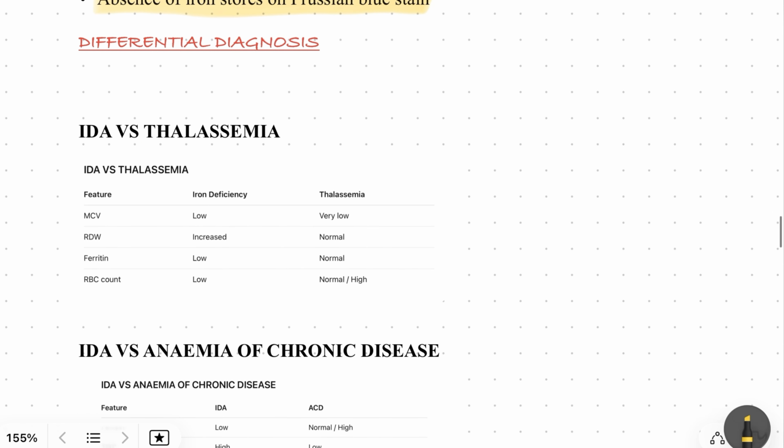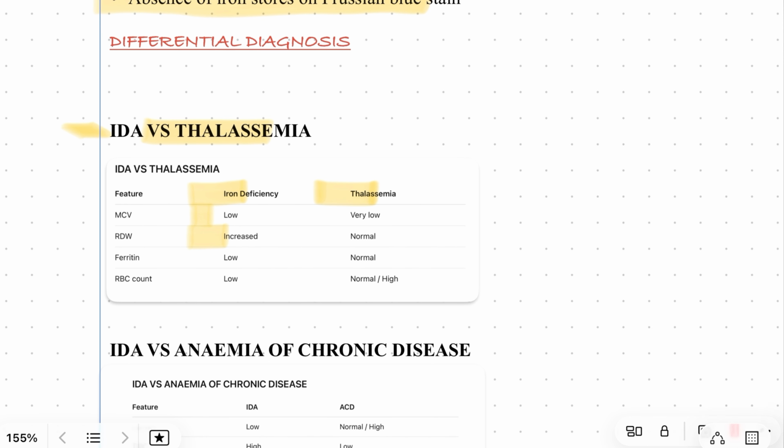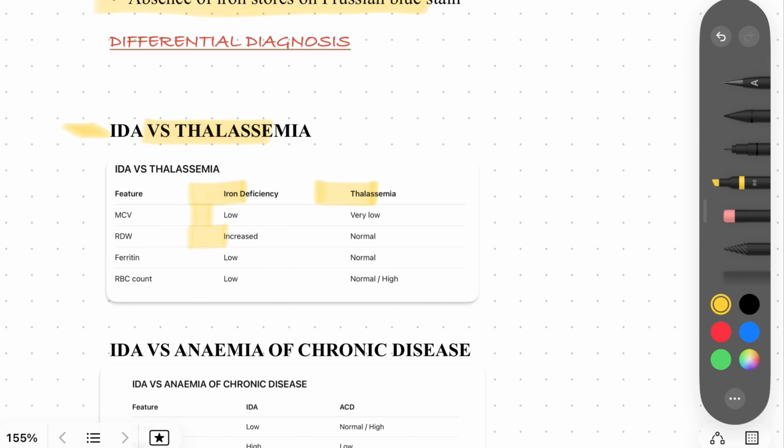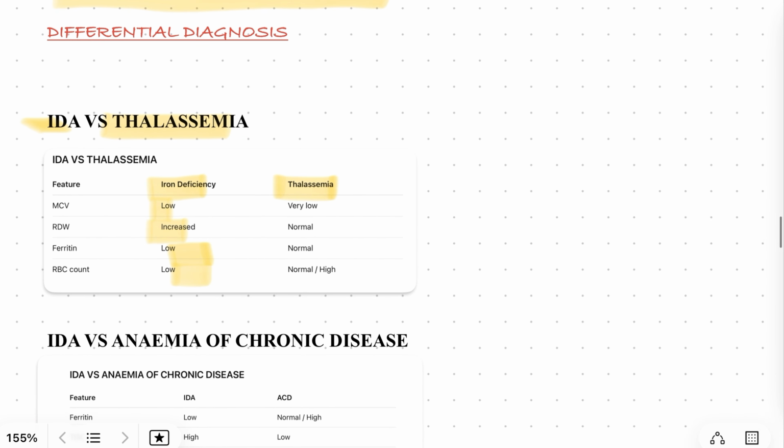Then differential diagnosis: you need to know the two main causes which act parallel to IDA. So let's see them. Iron deficiency anemia versus thalassemia. In IDA, MCV will be low and RDW increased. Ferritin will be low, and RBC count will be low.